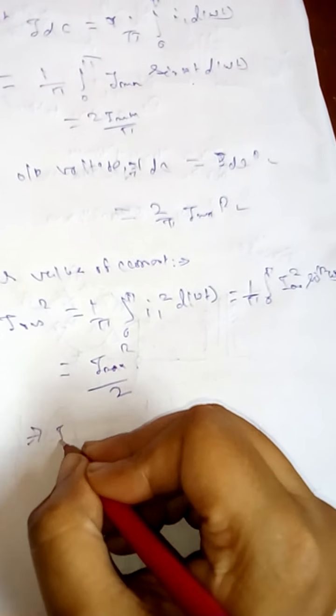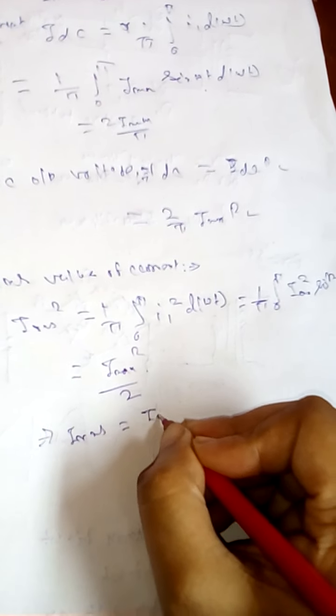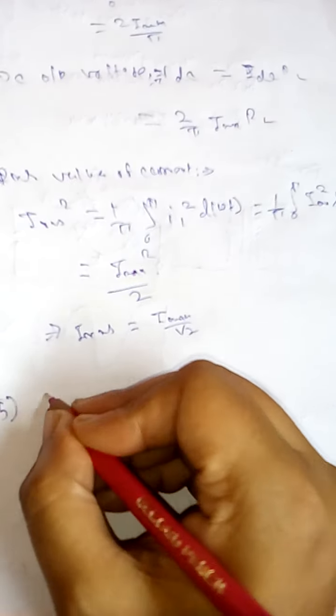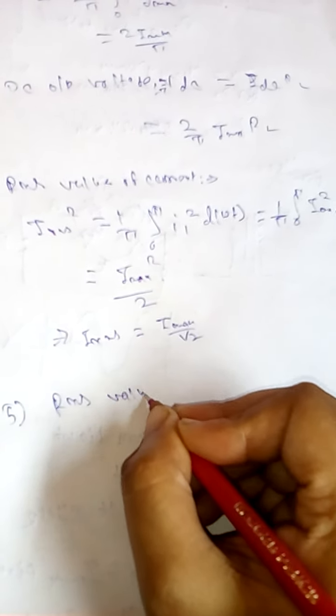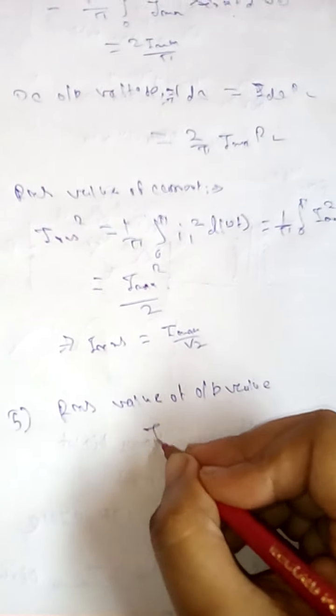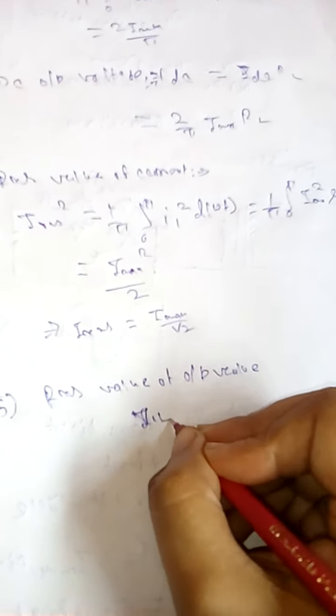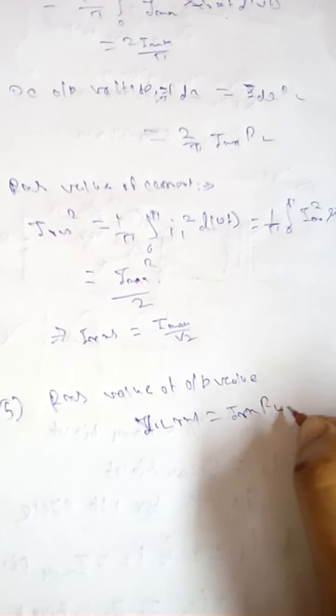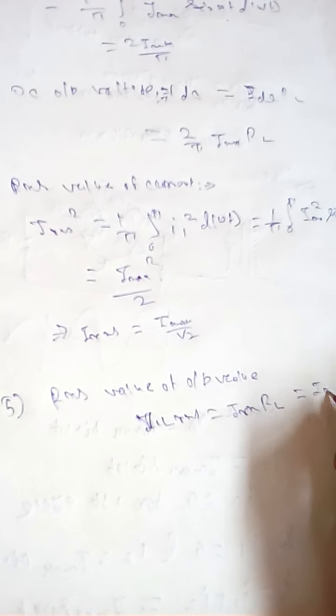So IRMS equal to I max by root 2. RMS value of output voltage: if we calculate, we get VL RMS equal to IRMS into RL, so we put the value I max by root 2 into RL.